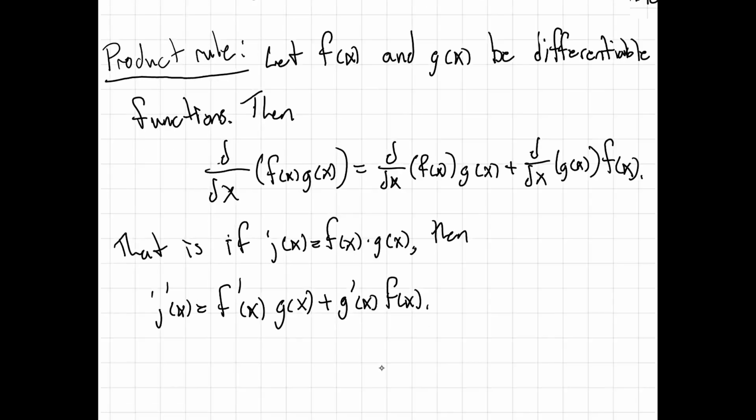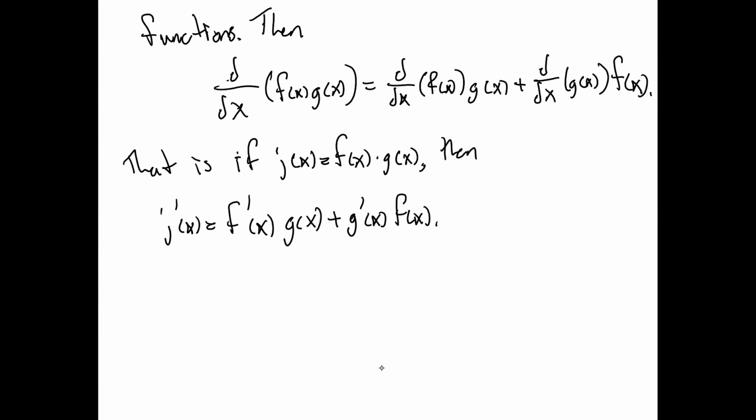So what this is really saying is if we have a function defined as the product of two functions, then the derivative of that product is the derivative of the first times the second plus the derivative of the second times the first. So that order is important, right? We may think, oh, it doesn't matter. I could do the derivative of g times f plus derivative of f times g.